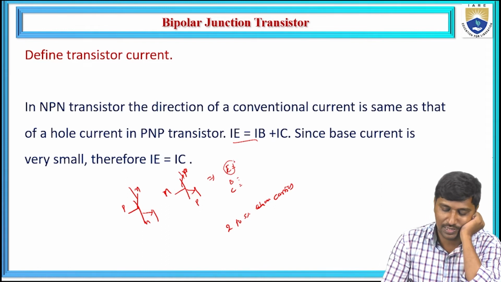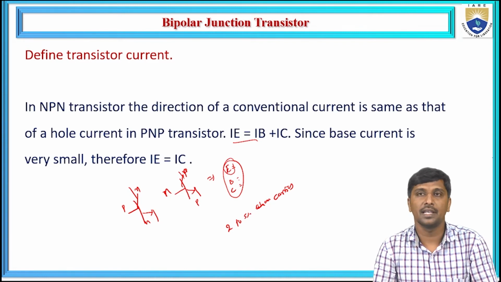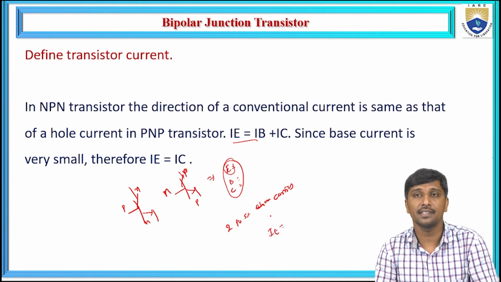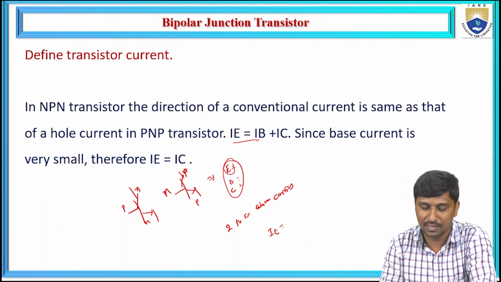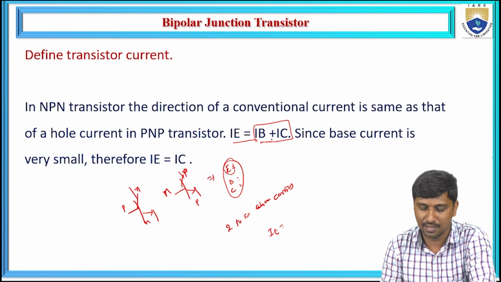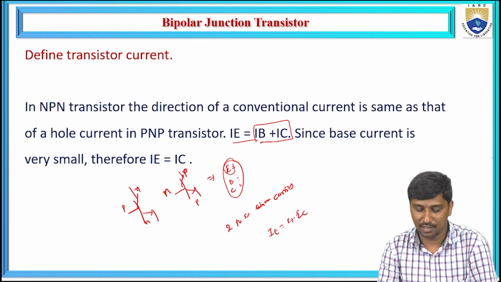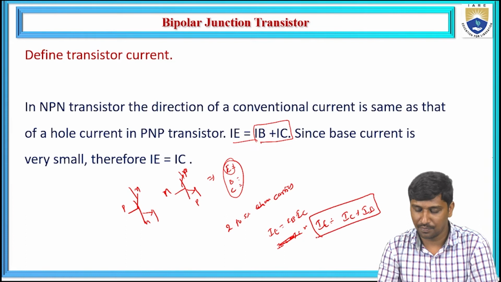So out of these three terminals, only the emitter always gives the charge carriers. Hence, the charge carriers that are diffused produce the current, one in the base current and one in the collector current. So the emitter current is approximately equal to IC plus IB. So here it is represented as IE is equal to IC plus IB.